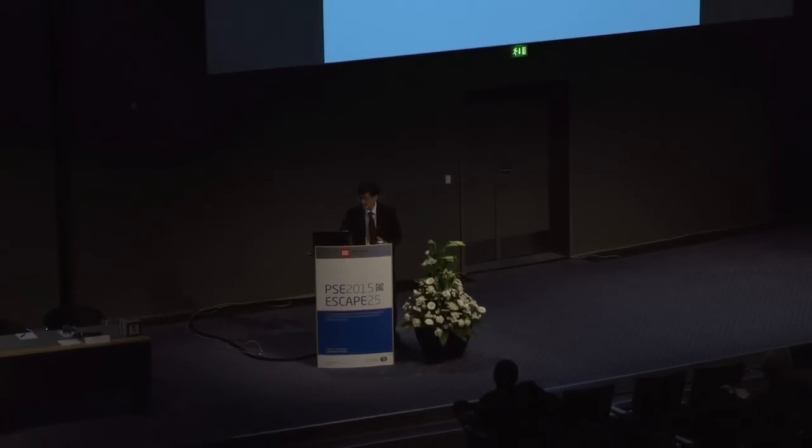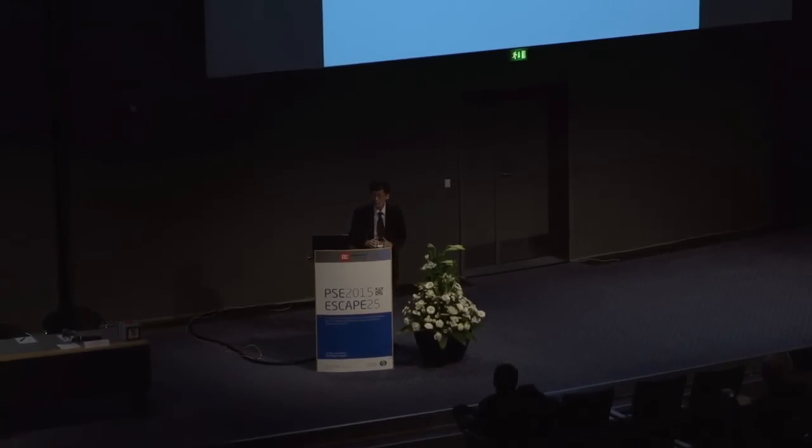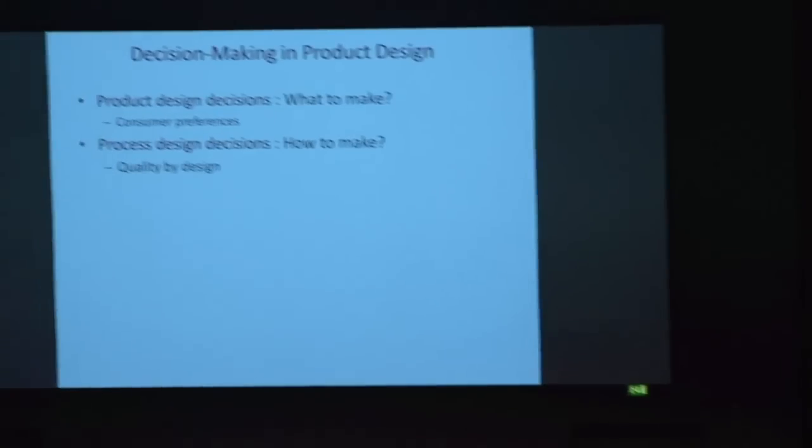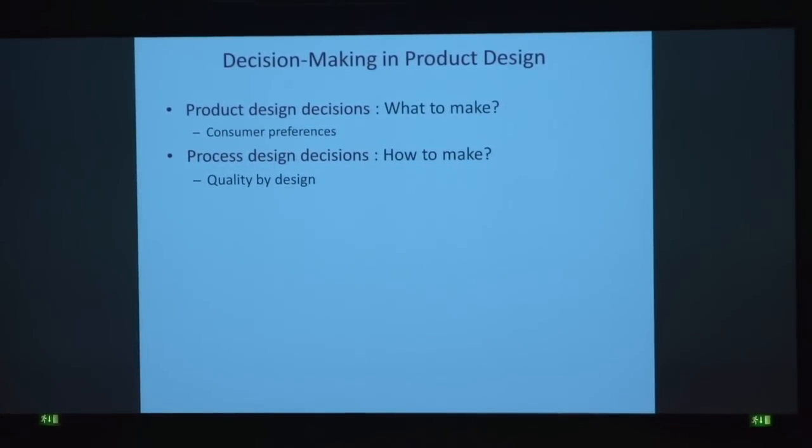So the question then is, what needs to be done in product design to meet these needs? Now, we have been doing for a long time already that we learn what to make and how to make. We focus on consumer preferences and quality of the product.